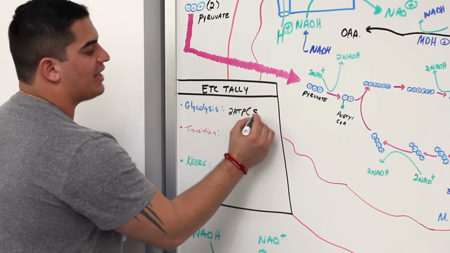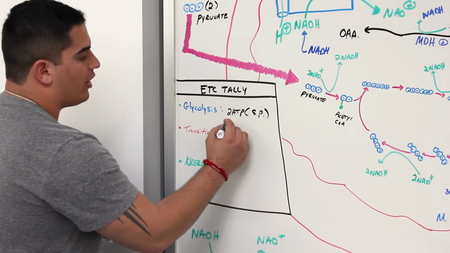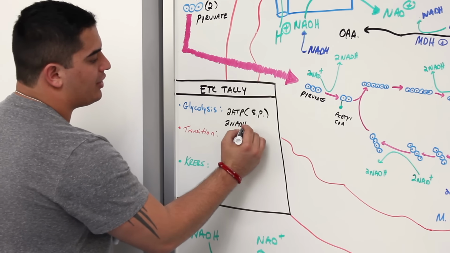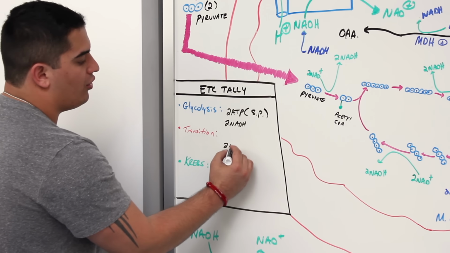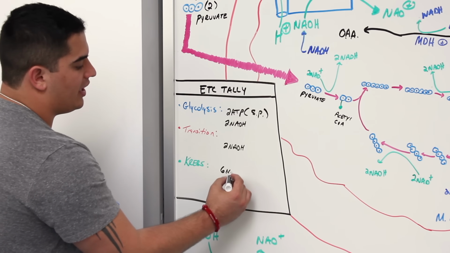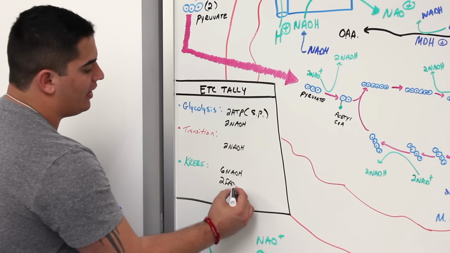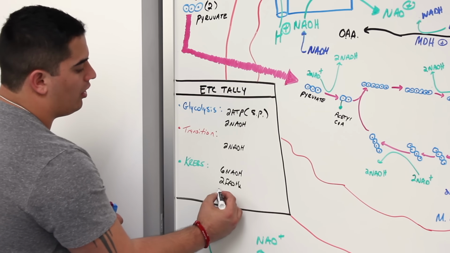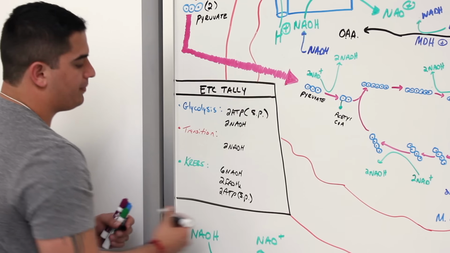From substrate level phosphorylation, SP. You were also generating 2 NADHs from glycolysis, right? The transition step, you were generating 2 NADHs. And then the Krebs cycle, you were generating 6 NADHs and 2 FADH₂s and also 2 ATP via substrate phosphorylation.